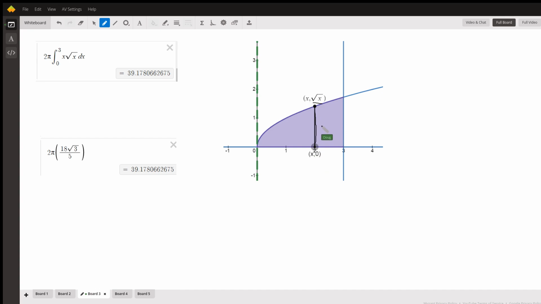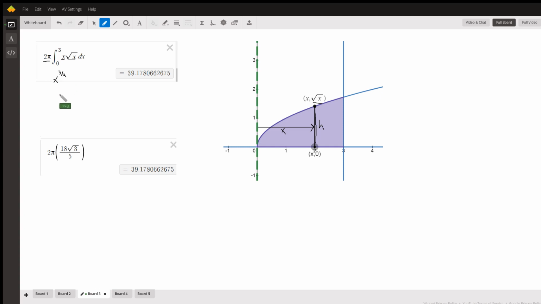That's the height. The average radius is the distance from the axis of revolution to the center of the shell, so that's x. And so there's the average radius, there's the height of the shell, multiplied by 2 pi.